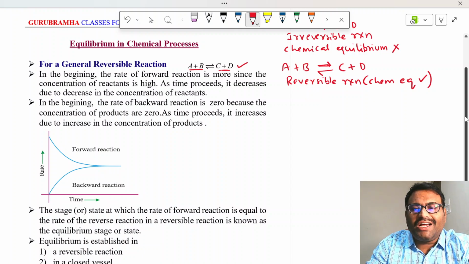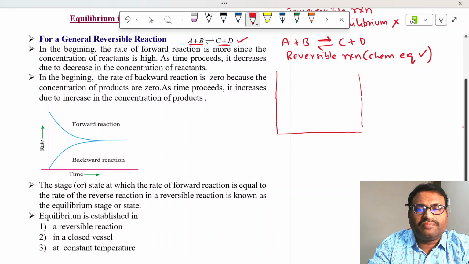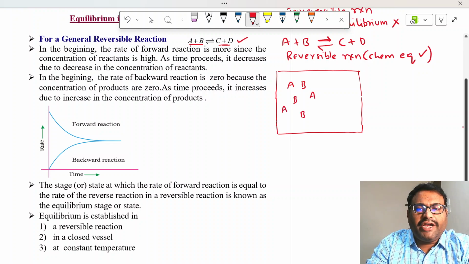So, what are the reactants? A and B are reactants. Let us take a container. In this, water is present, and A and B are present. A and B are reactants.